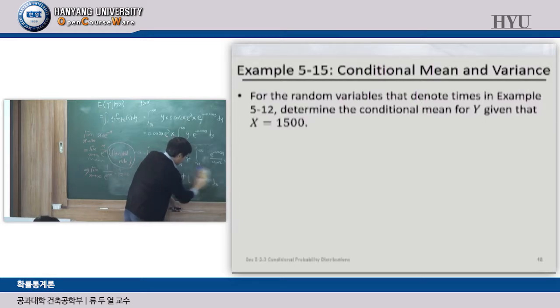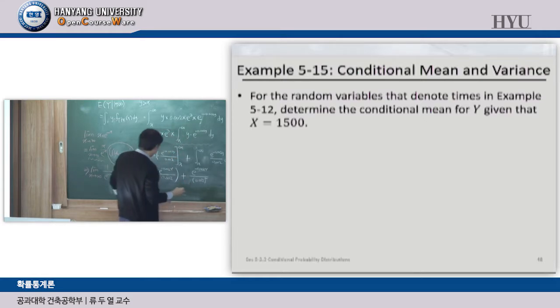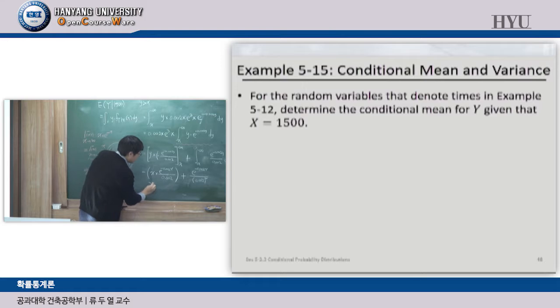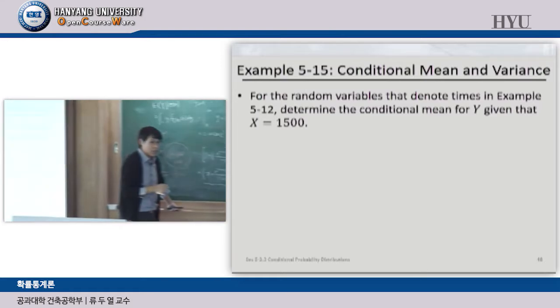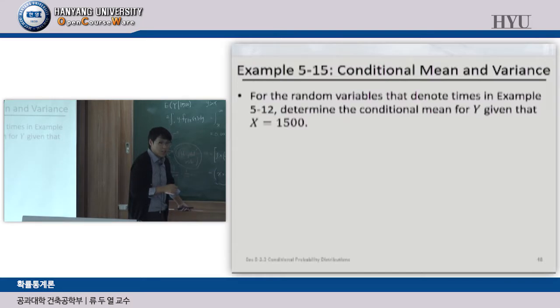Okay? So, this is equal to exponential minus 0.002x over 0.002 squared. Okay? So this is the small a.